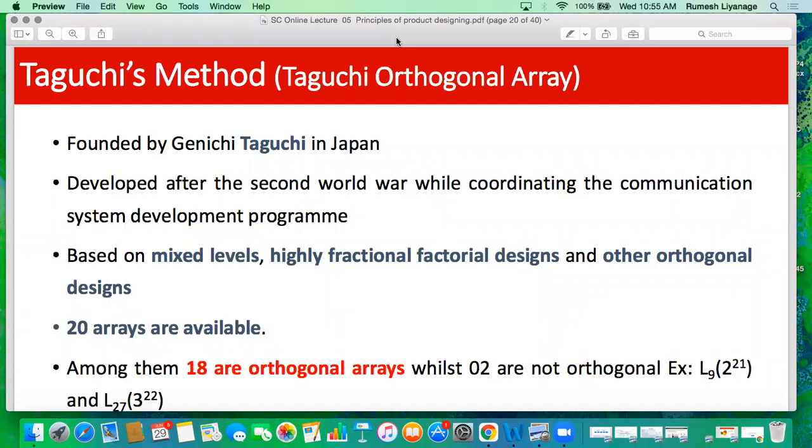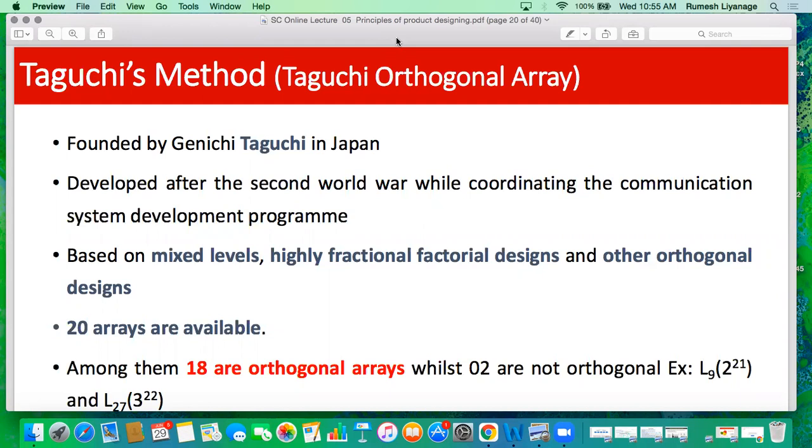Can you remember how many designs we have discussed? Normal designs, factorial designs, statistical designs, and orthogonal designs. But now we are at Taguchi's design. Arrays means designs. He introduced 20 arrays to the world, and among these 20, 18 are orthogonal and the other 2 are non-orthogonal.